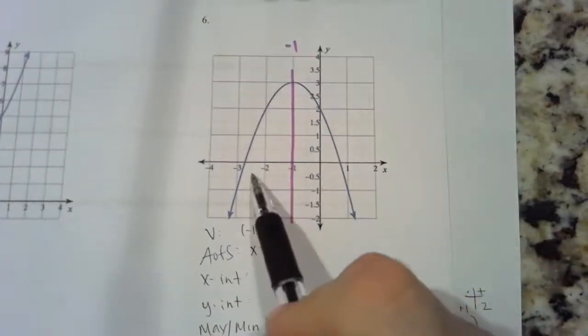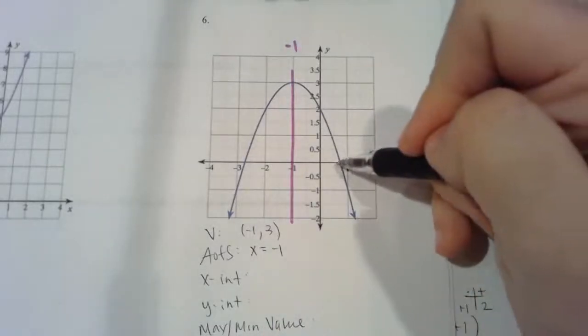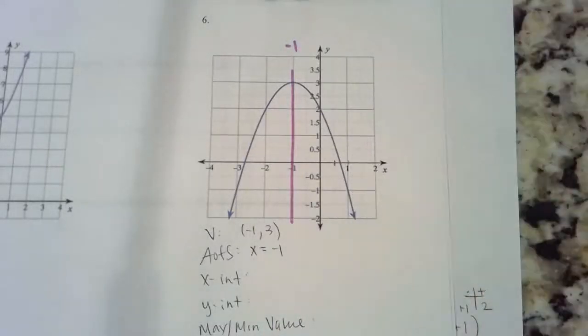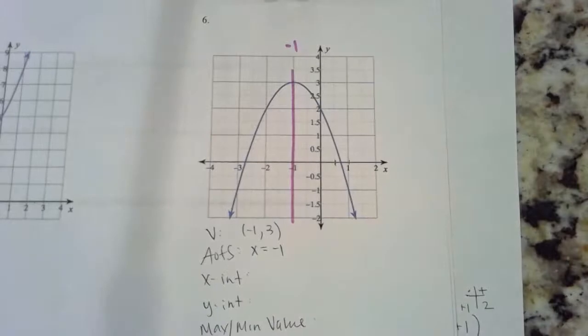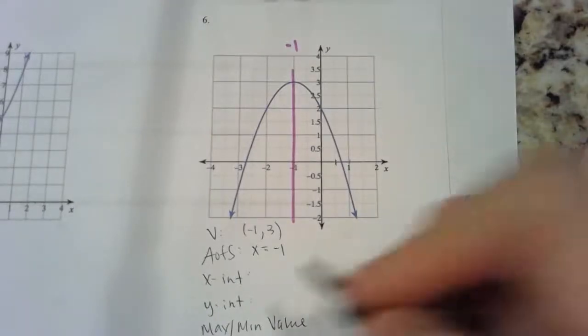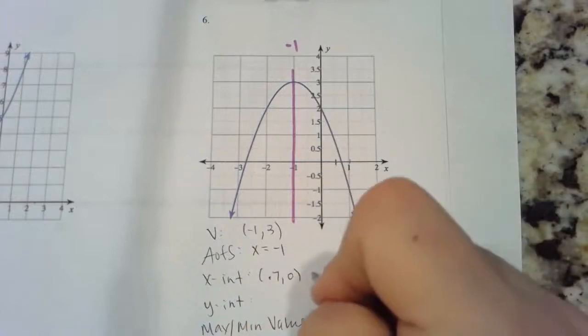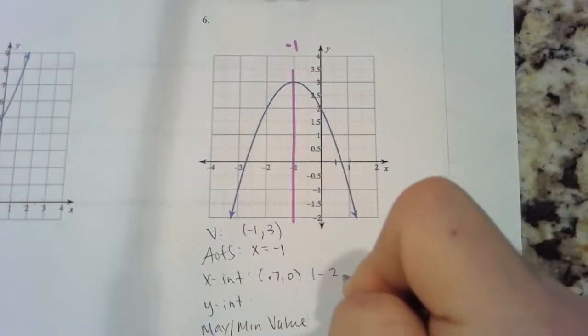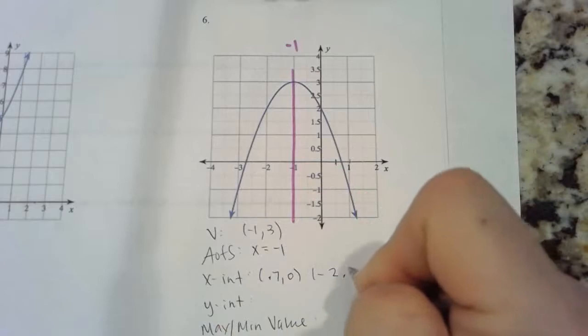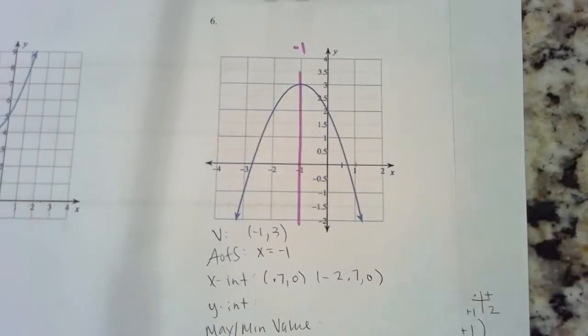The x-intercepts, now these ones you have to estimate. 1/2 is right here. I don't know, maybe 0.7. So the x-intercepts happen at 0.70 and -2.70. I don't know, something like that. It's an estimate.